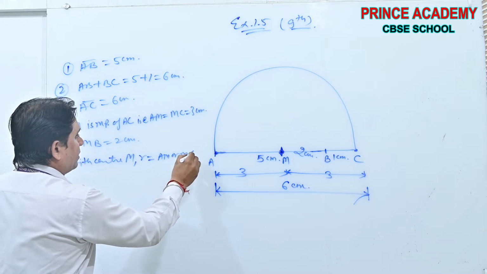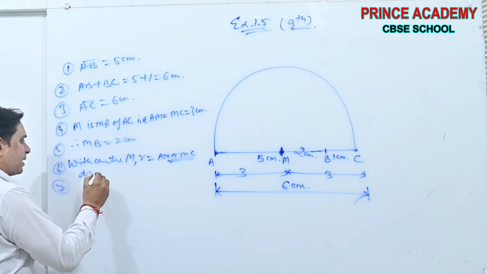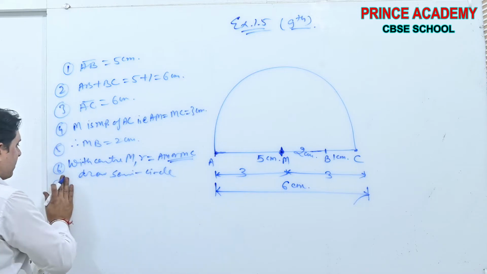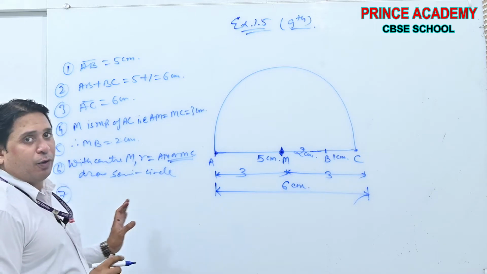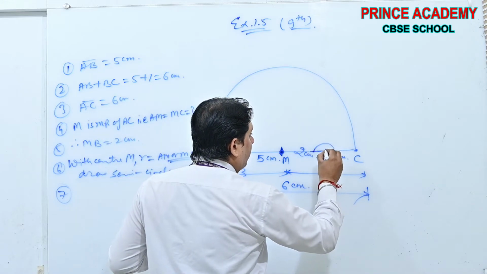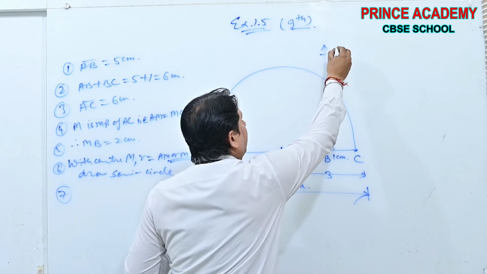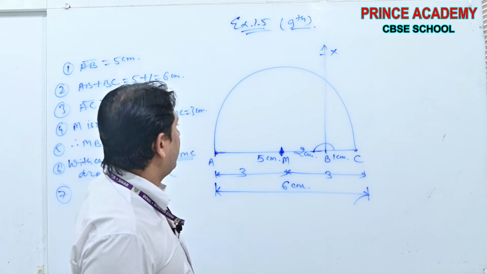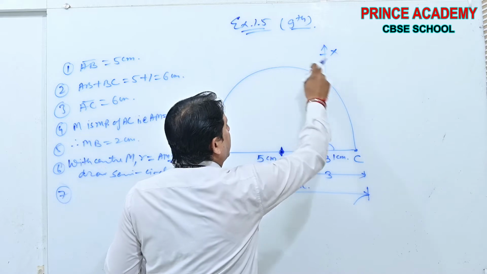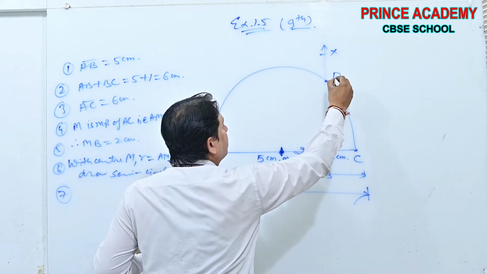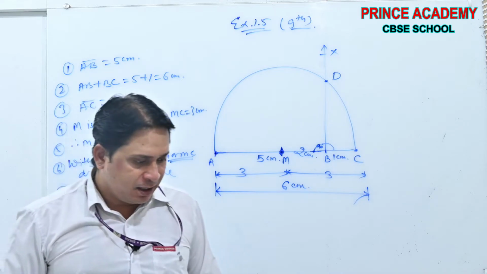Semicircle drawn, beta. Now see what I am doing. Draw a 90-degree angle ray which meets the semicircle at D.